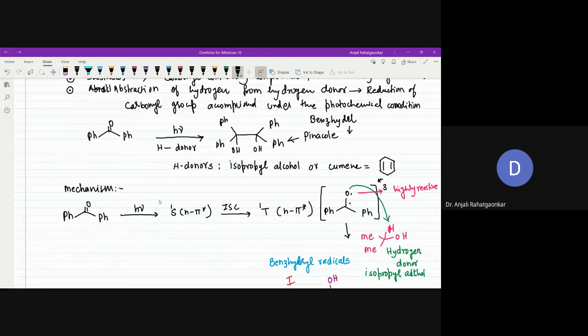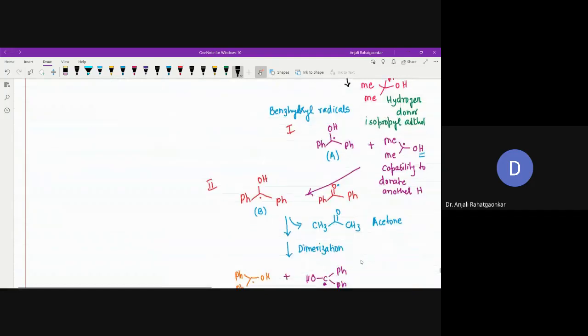Understand? So this is the general mechanism, and it looks very simple, but the only thing you have to remember is that at this point again you have to start a new reaction, because this is a free radical. So in this case there is no need for the excitation, right? A few minutes ago I told you that again you have to write the excitation, the singlet. No, there is no need, because already this free radical has been formed.